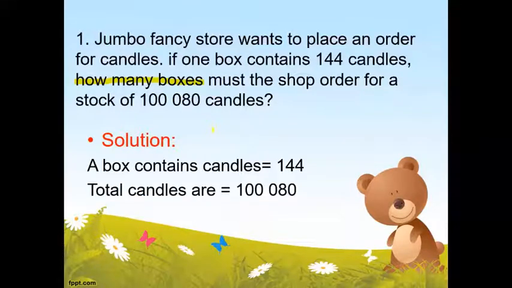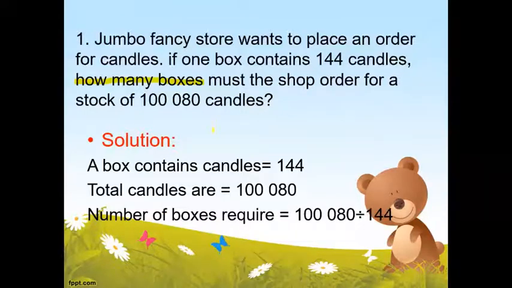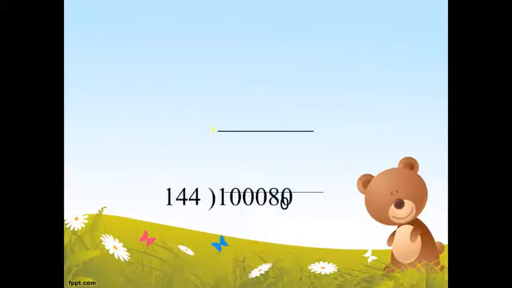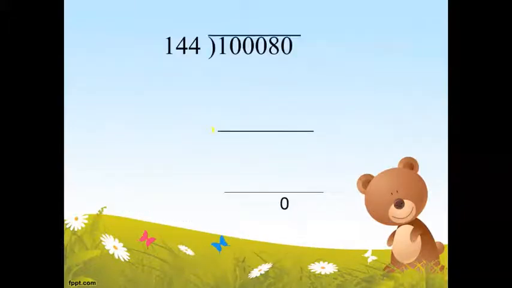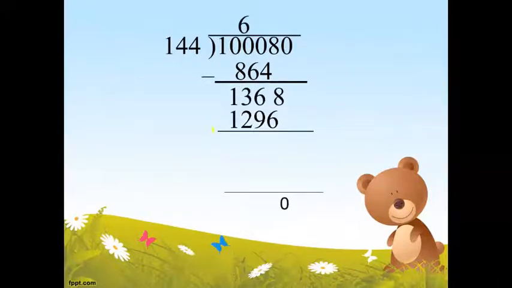Total candles are 100,080. Number of boxes required: when we want to find the number of something, we should do the division. So when you divide 100,080 by 144, you can see the division here, but you must try it by yourself in your notebooks to get the correct answer.